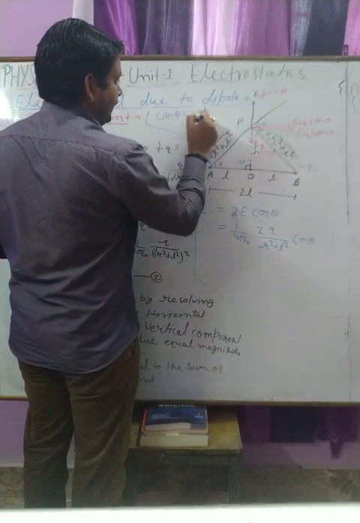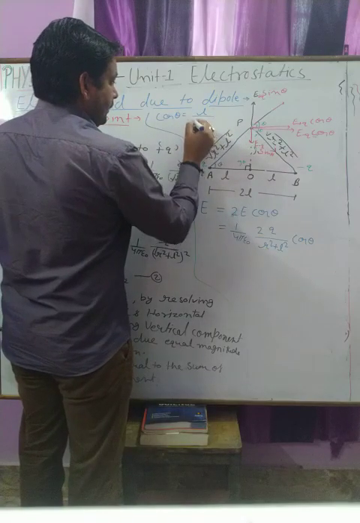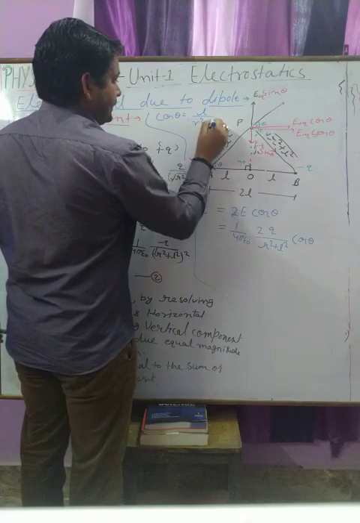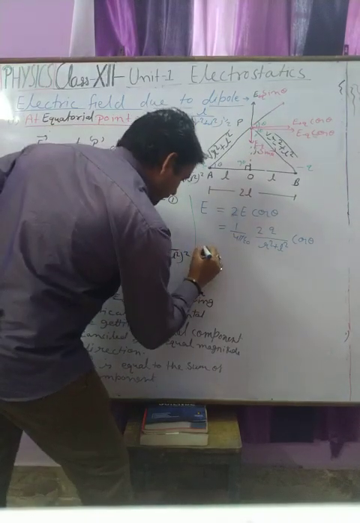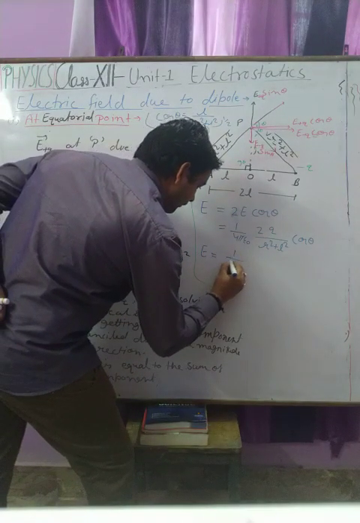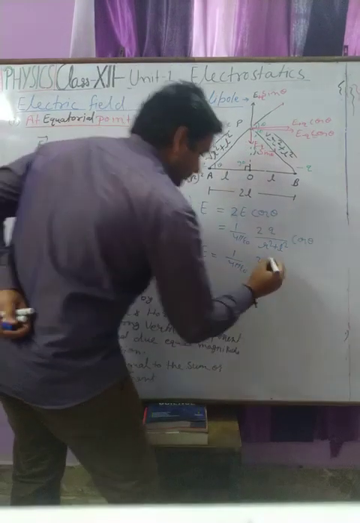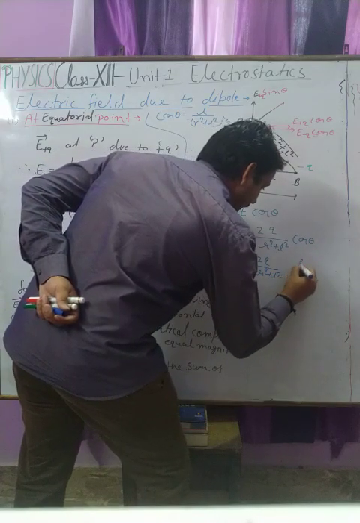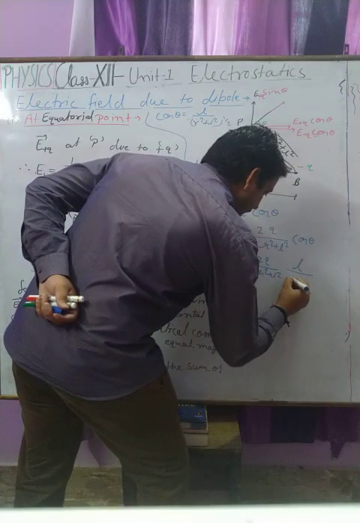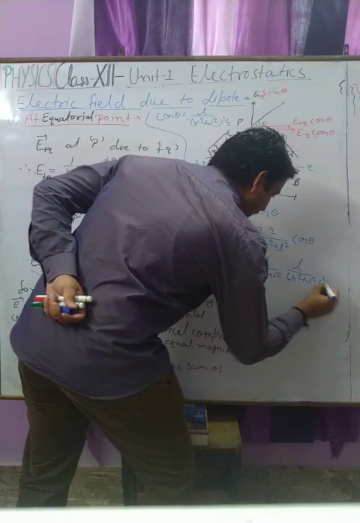So we are using L upon under root R square plus L square, to the power 1 by 2. Now this value E is 1 upon 4 pi epsilon naught, 2Q upon R square plus L square, into L upon R square plus L square to the power 1 by 2.